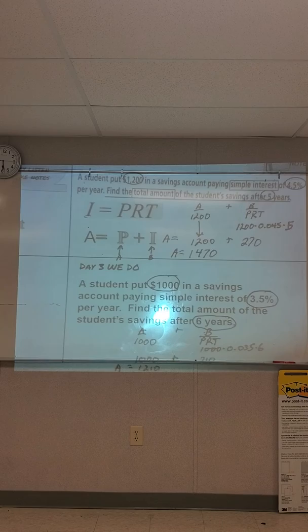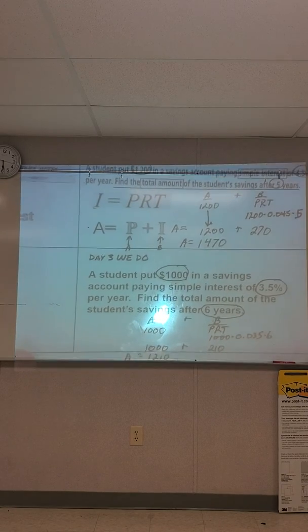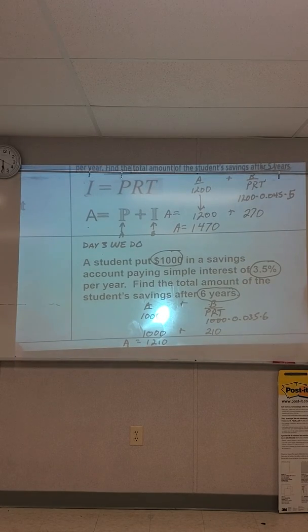Oh, looks like my paper slipped. There we go. So, principal plus interest gives us $1,210.